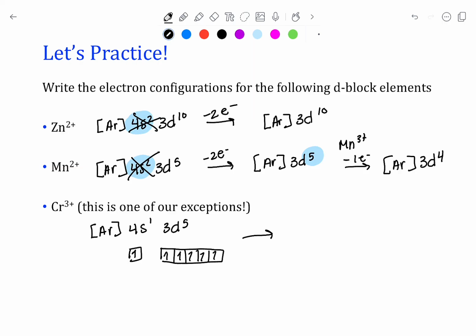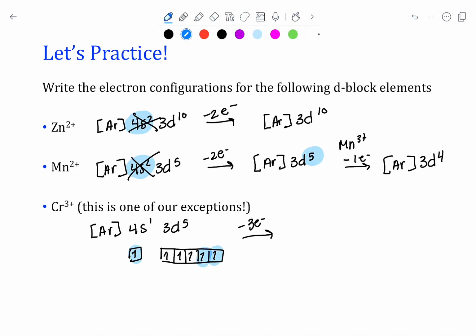So we're still going to remove 3 electrons, and our first electron is going to come from our highest n, so we're going to remove that 4s, but that only removed 1 electron, so our next 2 electrons are going to come from the 3d.